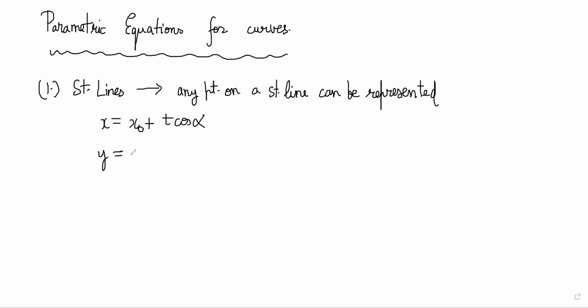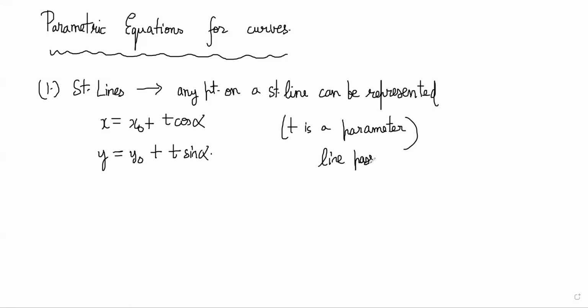Y is equal to y naught plus t sine alpha. Here, t is a parameter, and the line passes through x naught, y naught. How do we know that?